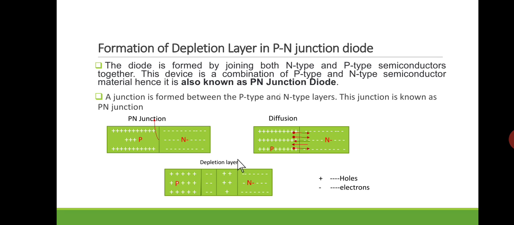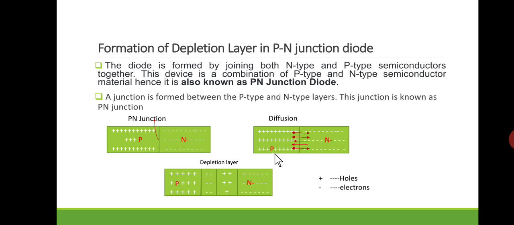Okay, let us revise simply. To understand this in one or two sentences, how the depletion layer is formed in the p-n junction. Okay, p type contains majority holes, n type has majority electrons, minorities in the p type are the electrons, minorities in the n type are the holes.